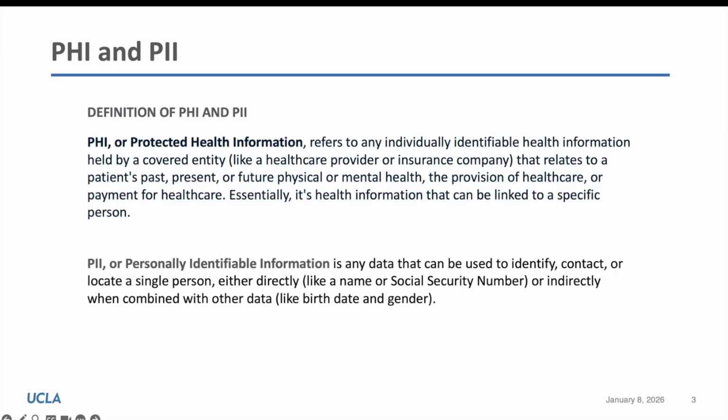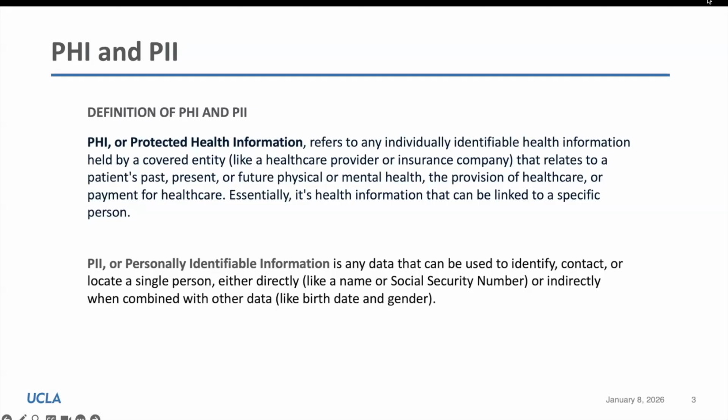And then PII, or personally identifiable information, is any data that can be used to identify any person, either directly or indirectly. And it includes information like social security number, a name, address, birth date, gender. And in general, the way to think about it is that PII is a more broad data set, and PHI is a subset of PII. It's specifically related to health information that's defined by HIPAA.